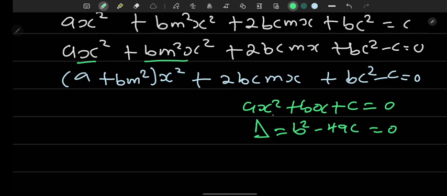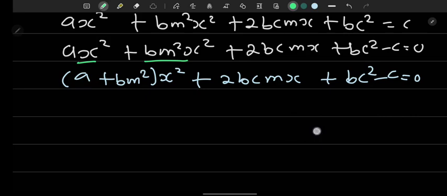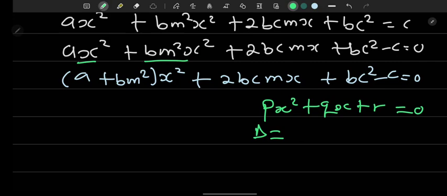But I cannot use a, b, c here again because these variables are part of what you obtained in the last result. So we have to make use of other variables. Let's say px squared plus qx plus r equals 0. Then the formula for the discriminant is q squared minus 4pr.